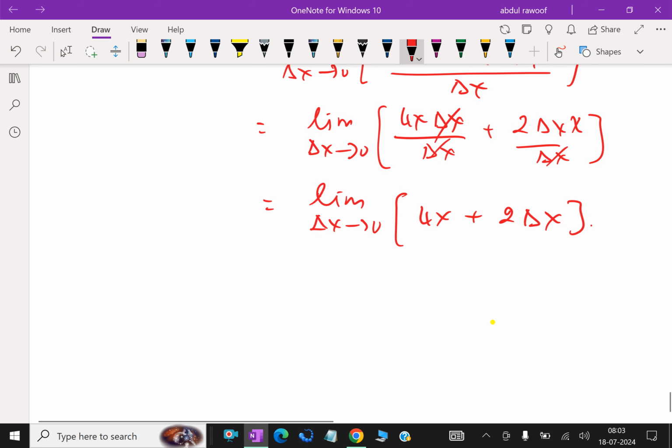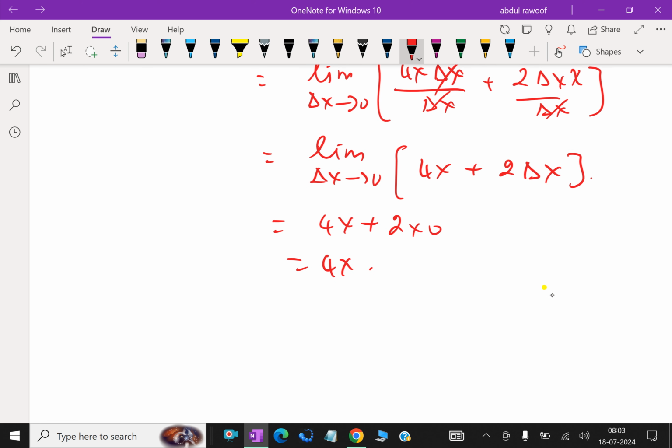Now applying the limit, delta x tends to 0, there is no delta x term left, so it becomes 4x plus 2 times 0, which is equal to 4x. Therefore, the slope of the function equals 4x. This is the basics of differentiation. That means the first rule of differentiation.